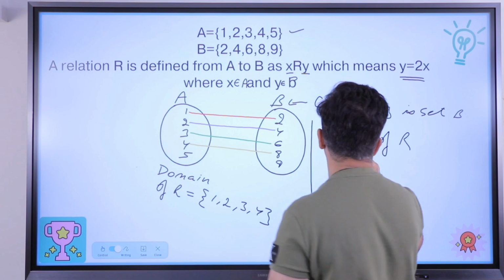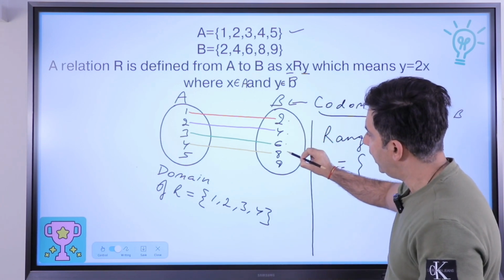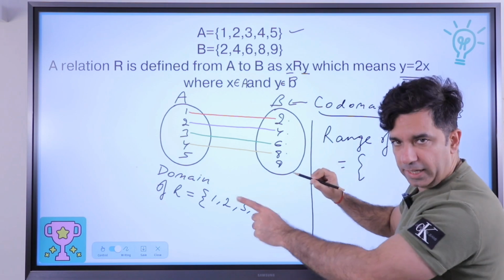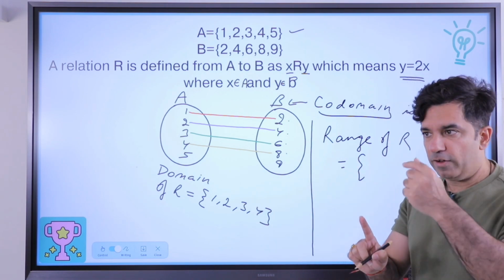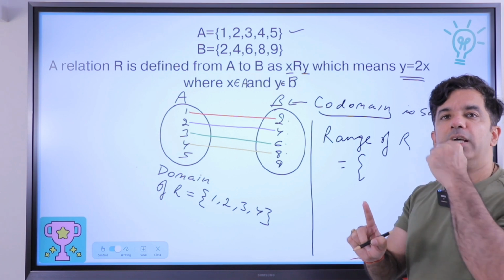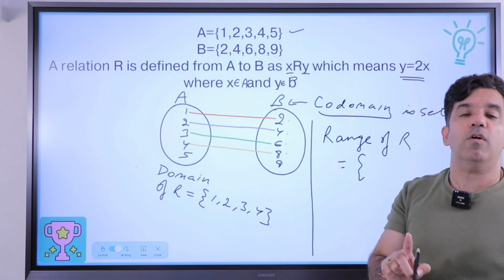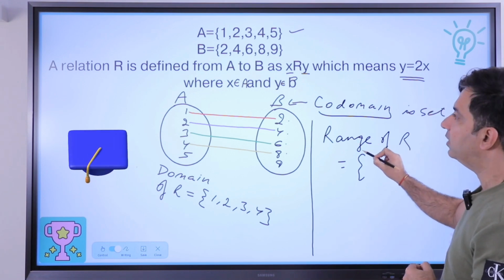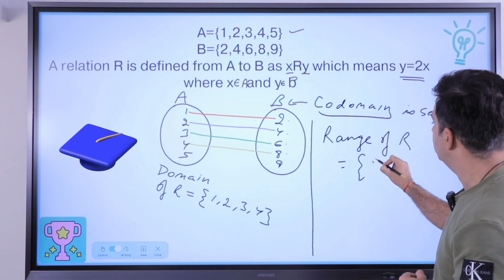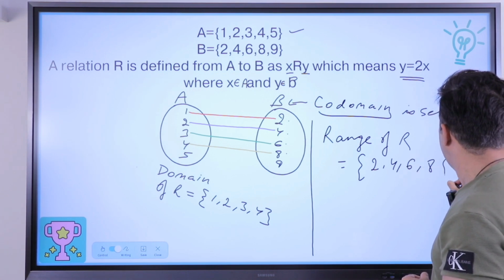So in this example, the range would be 2, 4, 6, 8, which are connected with elements of set A. So those elements in the codomain connected with elements in set A are part of the range of that relation. So the range of this relation would be only these 4 elements, 2, 4, 6 and 8.